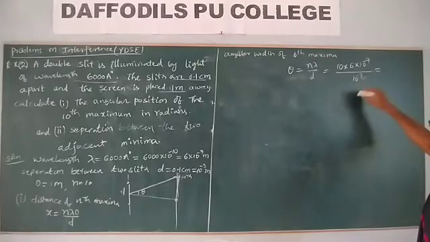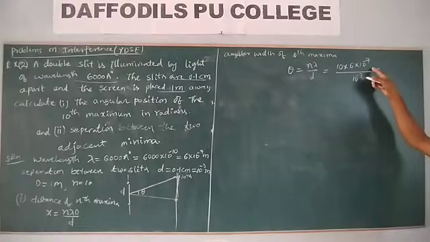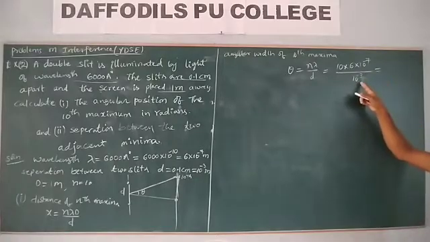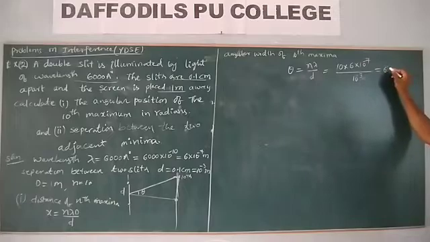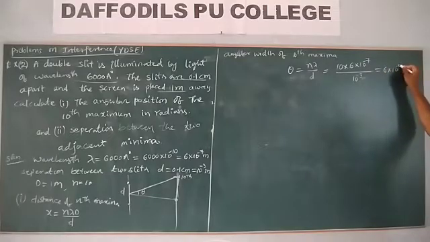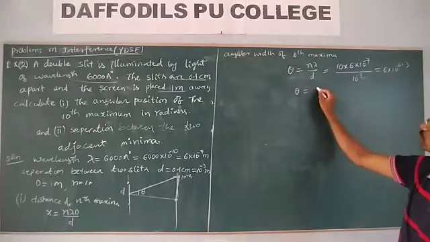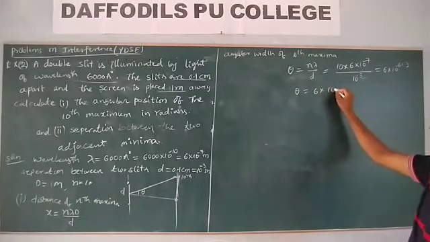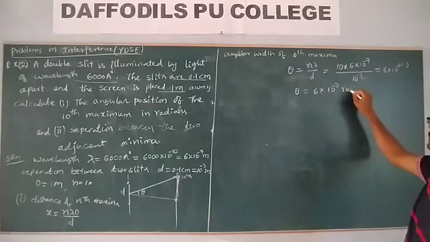That gives 6 into 10 power minus 6, and 10 power minus 3 goes to the numerator as plus 3. Therefore, theta is equal to 6 into 10 power minus 3 radian.